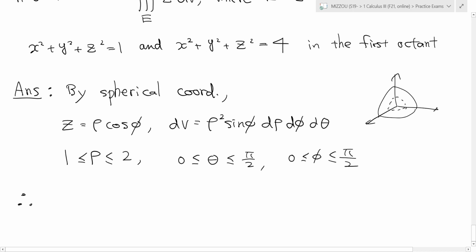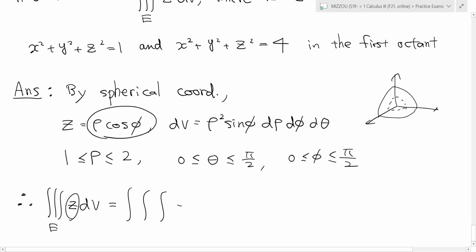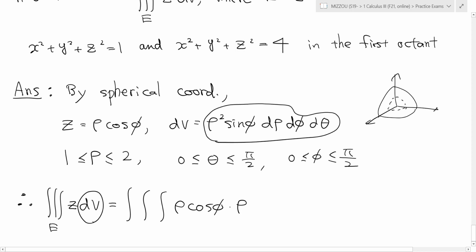So therefore, the given triple integral is obtained by, now, like I said, z, the integrand, is here, rho cosine phi, times dv is here, rho squared sine phi d rho d phi d theta.